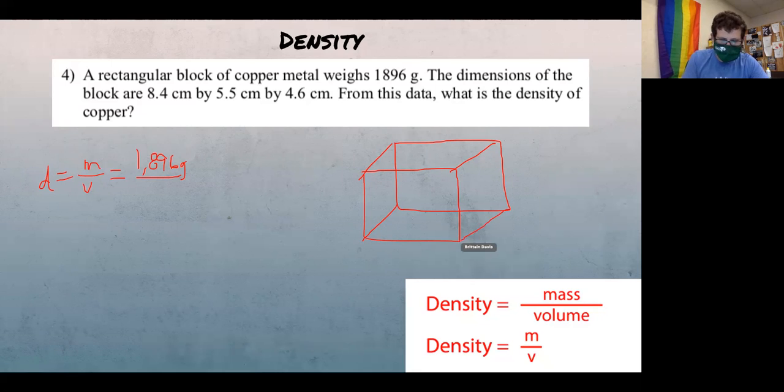So it says my dimensions are 8.4 by 5.5 by 4.6. You have these dimensions that are perpendicular to each other. You know how to find the volume of a rectangular prism. I'm going to put volume equals right here, and I want you to calculate this and tell me what the volume of this prism is.